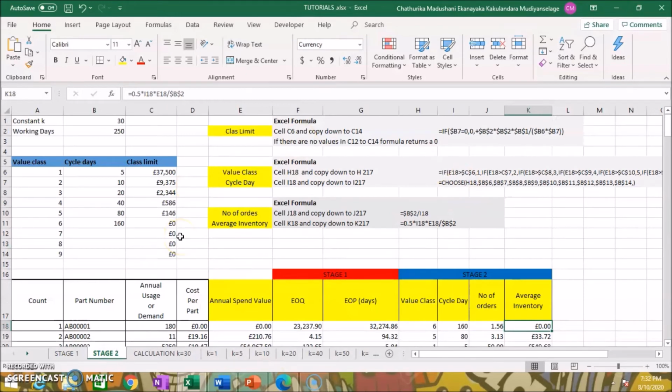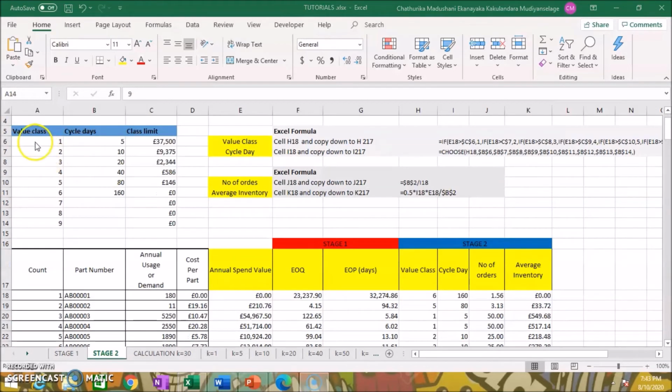So in stage 2, similar to Pareto, but instead of classifying items into 3 groups, now we will use a table of class values for EOP based on the class limit or midpoint class boundary of annual demand.